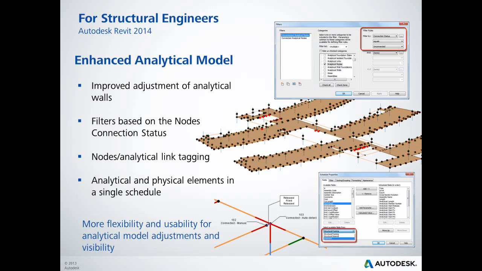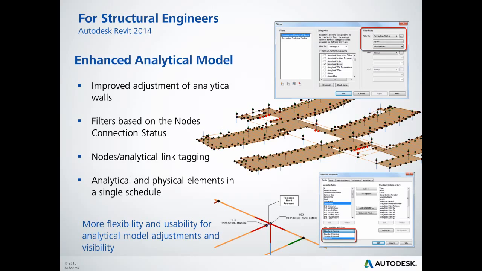Now you can also adjust analytical walls in relation to nodes of analytical floors and analytical foundation slabs. The Analytical Wall Adjustment tool now allows for the selection of nodes that are associated to analytical floors or analytical foundation slabs as the target position of the wall adjustment.